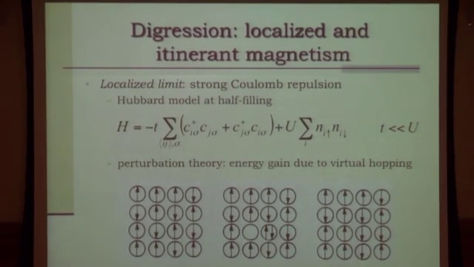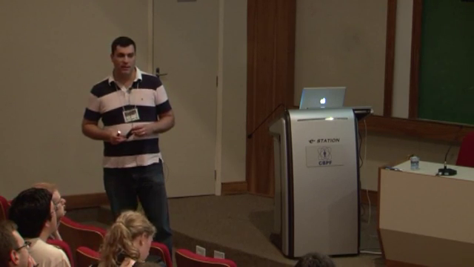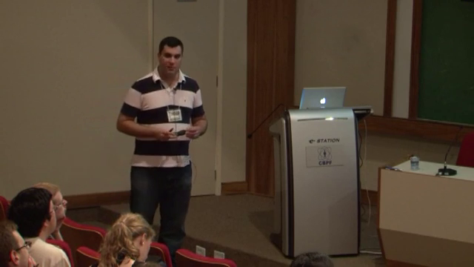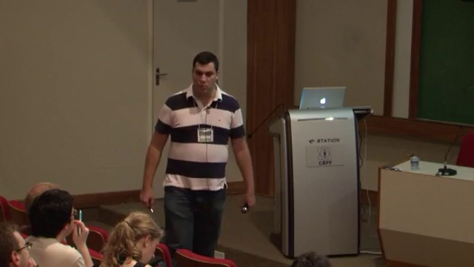Do you know why the electron gains energy by hopping? Have you ever thought about it? Why does the electron gain energy by hopping? I mean, if I didn't have any Coulomb interaction, why does the electron want to hop?